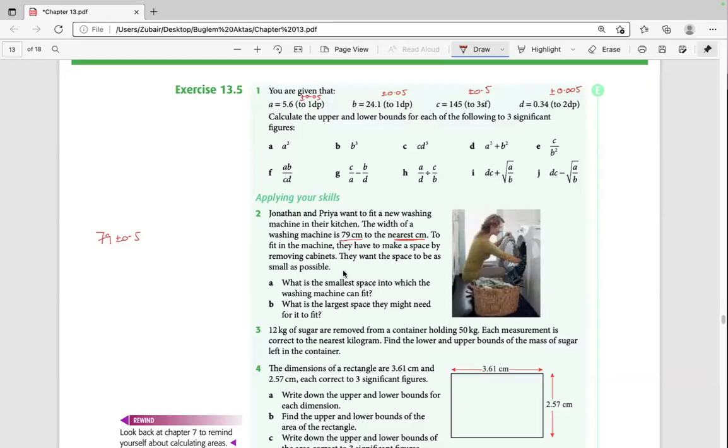They want the space to be as small as possible. What is the smallest space into which the machine can fit? It has to be 79 minus 0.5, so 78.5 is the smallest. What is the largest space they might need? We add 0.5, so 79.5.